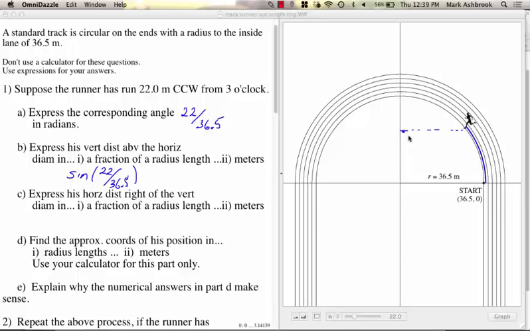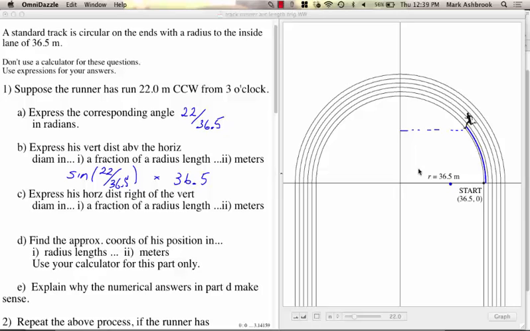How would we get that in meters then? Now we have that fraction of a radius. The radius length is 36.5. Now we want how many meters up we are. Justin? Yeah, we're going to take that fraction of 36.5. So we'll take that times 36.5. You usually put the 36.5 in front, but we want to take that fraction of 36.5, and then we get how many meters above?